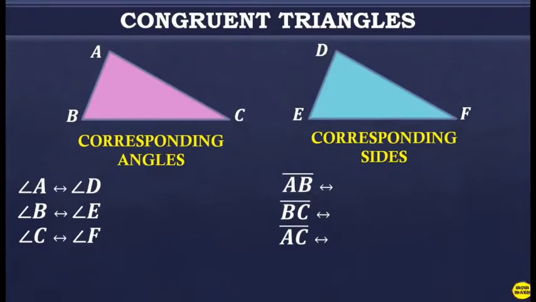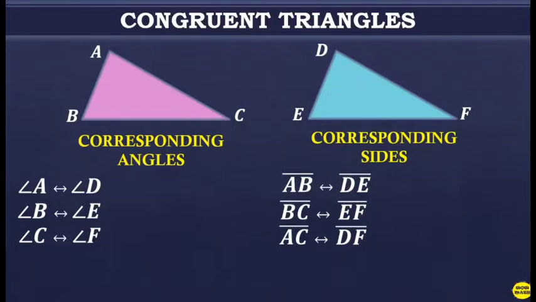Let's proceed to the sides. AB corresponds to DE, BC corresponds to EF, and AC corresponds to DF. From these sets of corresponding angles and sides, as we said, if two triangles are congruent, then their corresponding sides and angles are also congruent.